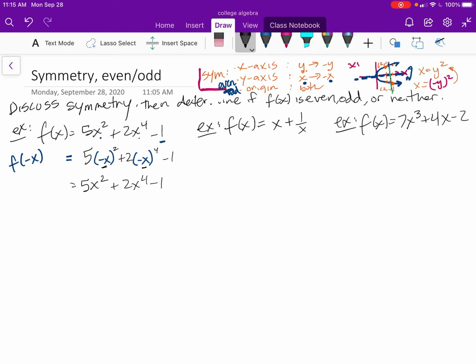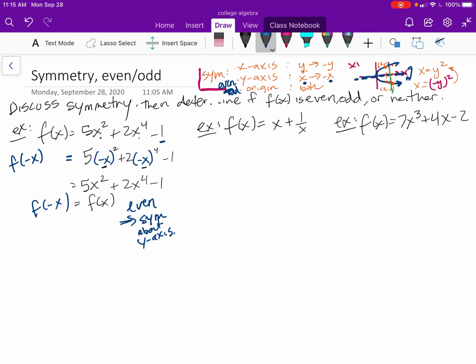So notice we get right back to the original function, right? This is the same. So therefore, f of -x equals f of positive x, and this is an even function, which means it's symmetric. I'm just going to put symmetric, SYM, about the y-axis.